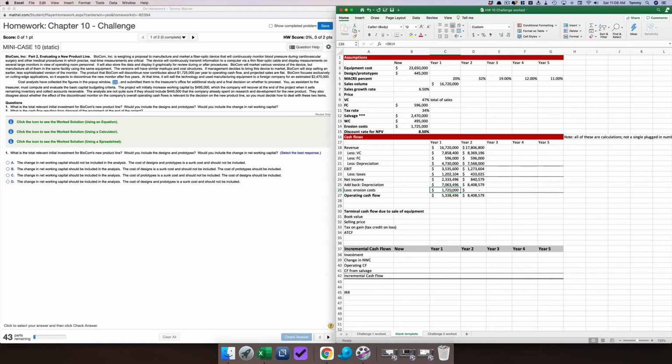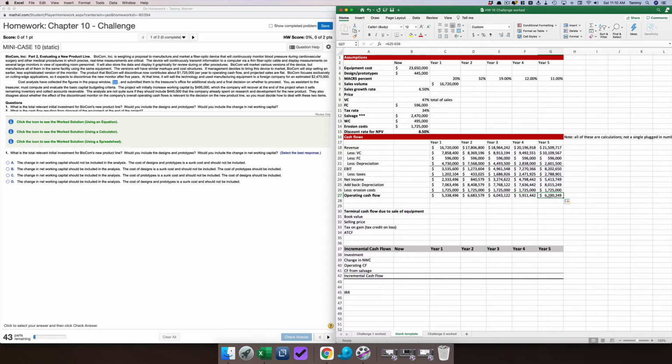The rest of them are kind of making sense. They're making sense because the net income went down quite a lot in the second year, but that was because depreciation was so very high, because 32% of your value was getting depreciated. But even so, of course, we still have a higher operating cash flow. So these all seem to be working okay, and so we'll just autofill these out to the rest of the years, and these are your operating cash flows for the 5 years of this project.